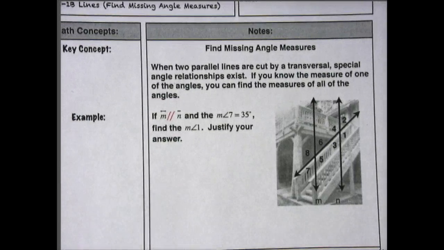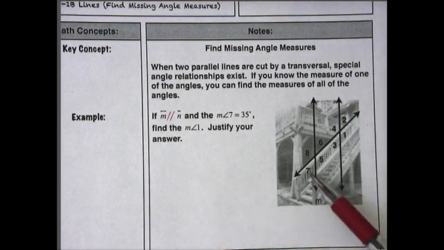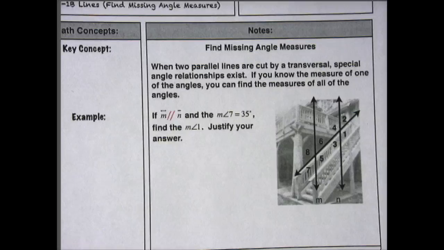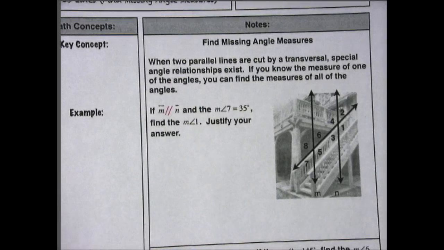Now, if we look at angle 7 and angle 1 and you take a look at your notes, there are several ways you can do this, more than one, and you might be able to come up with different ones than I can, but let's just take a look at one of these ways to figure out the measurement of angle 1.